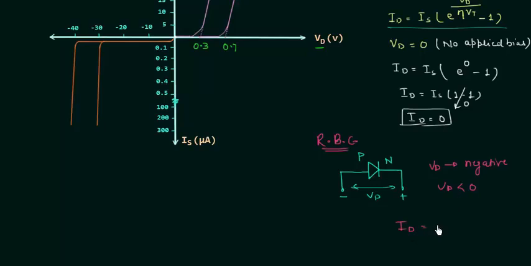If we make VD negative, then let's see what we have. ID equals IS, in brackets, e raised to the power VD divided by eta VT, minus 1. Now this VD is negative, so e raised to the power VD divided by eta VT is less than 1.